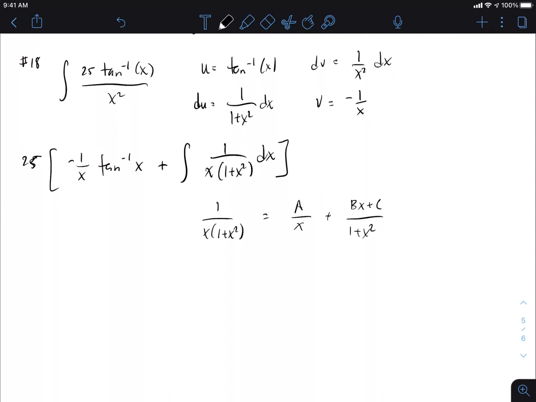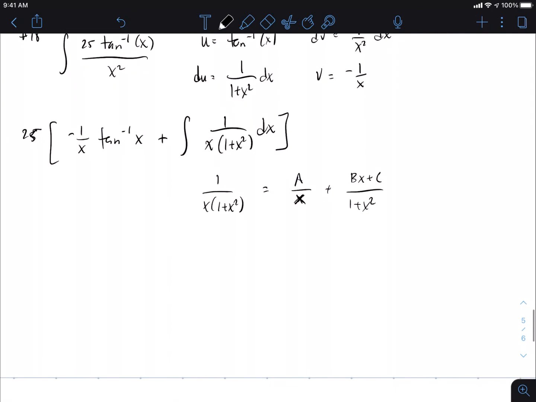Well, can I ask why it's bx plus c? Yeah, it's the exponent. This is nonlinear, so nonlinear to linear, right? So there's where your problem comes into play.